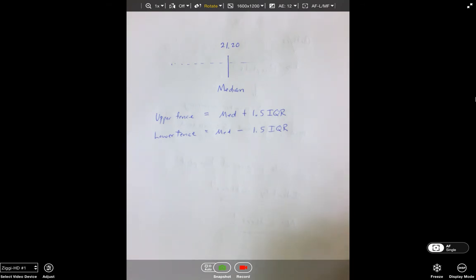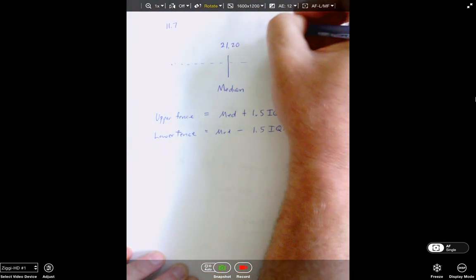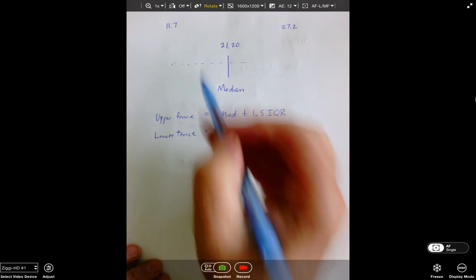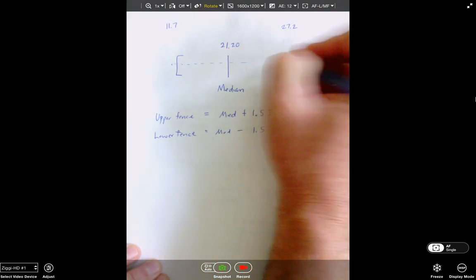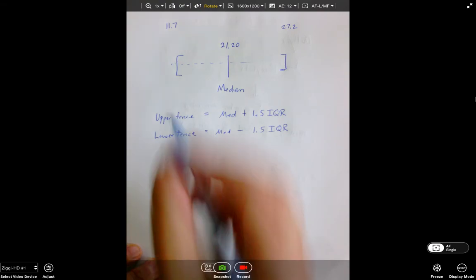And our lowest score was 11.7, and our high was 27.2. Okay, now to determine if we have any outliers, we're going to create what I call these fences. And these fences are these segments, if you will, that are built around the median.